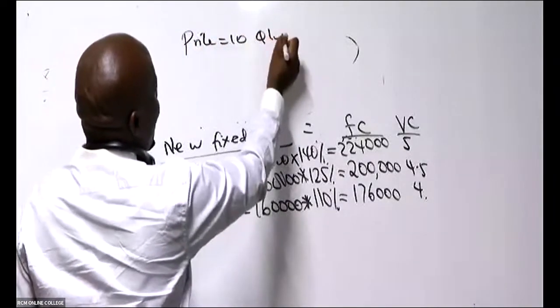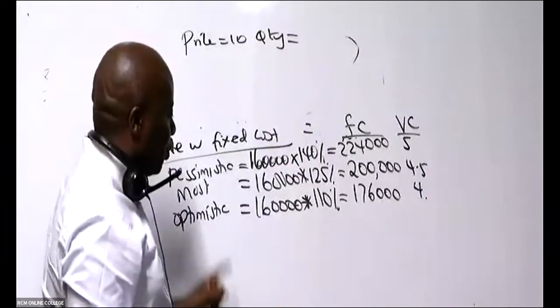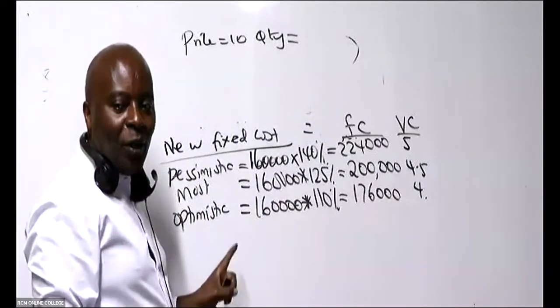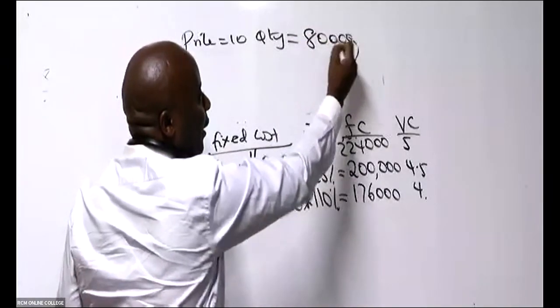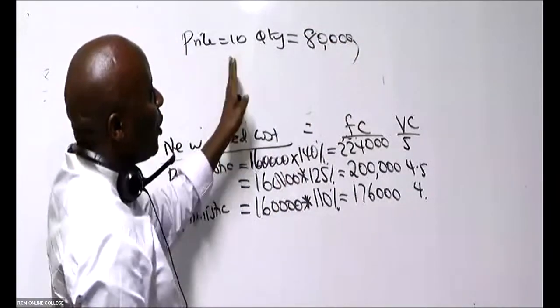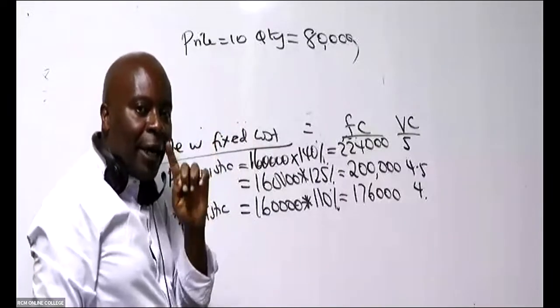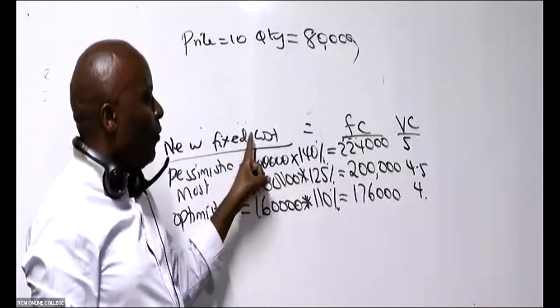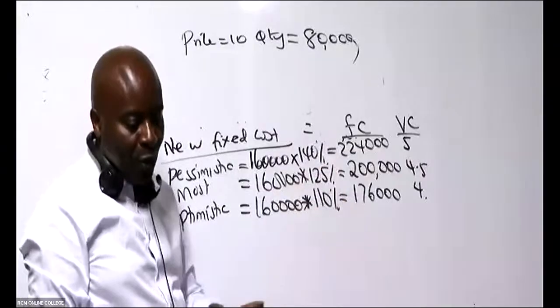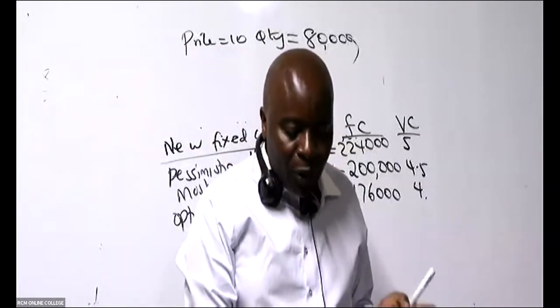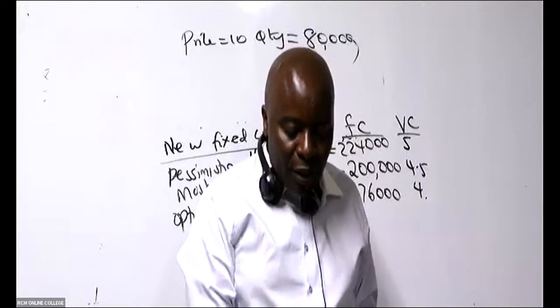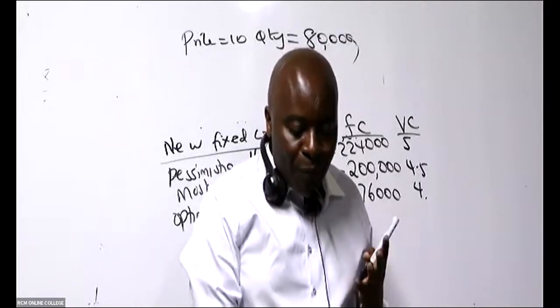And the quantity, they have told us, regardless of the state of nature, will remain the same. I'm not the one who is saying that. If we charge a price of 10, the only parameters that will change will be fixed cost and variable cost. That is what they have told us. They're not giving us any information about new quantities should we decide to sell at the 10 bob.